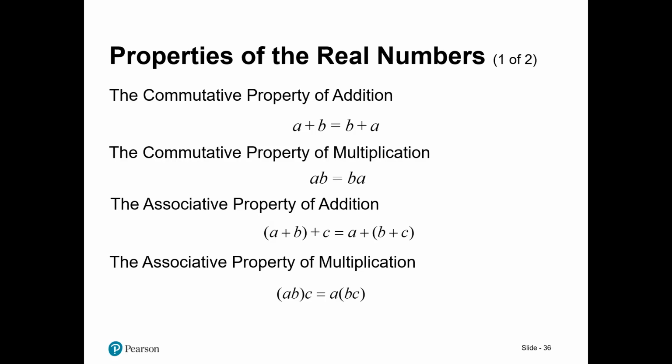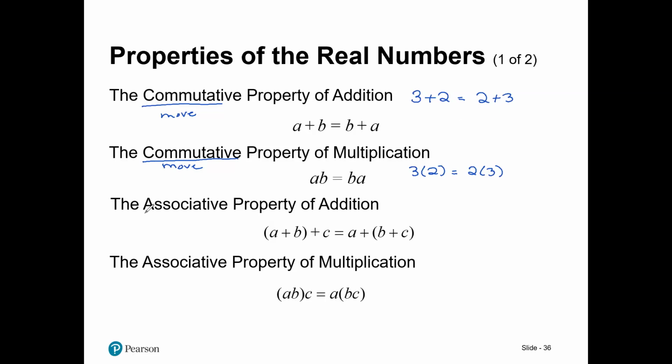Commutative property of multiplication, A times B equals B times A. Once again, commutative property, you're thinking we can move. So 3 plus 2 would be the same thing as 2 plus 3. 3 times 2 is the same thing as 2 times 3. All we did was just move the position of the numbers, but it still comes out the same.